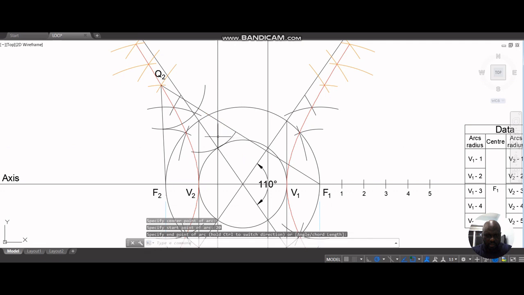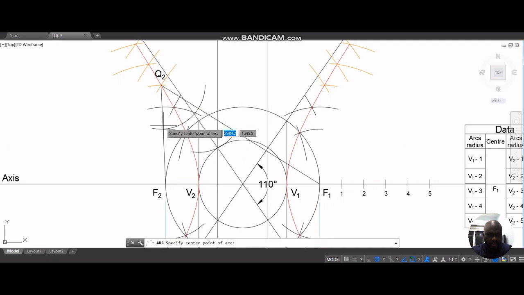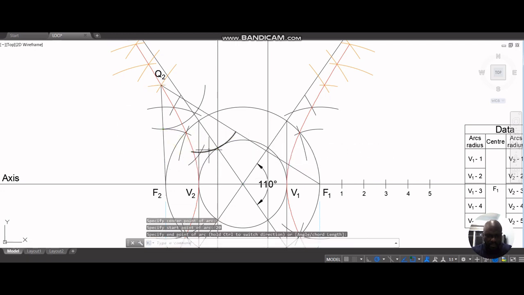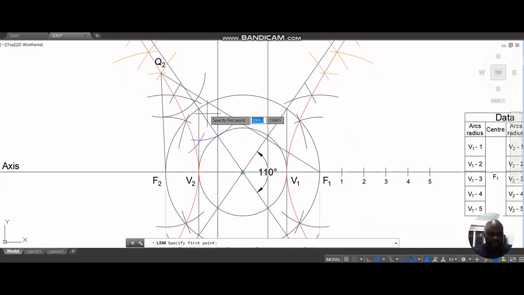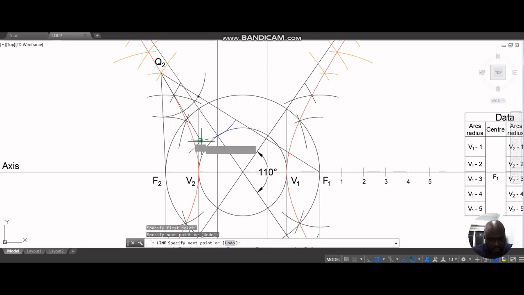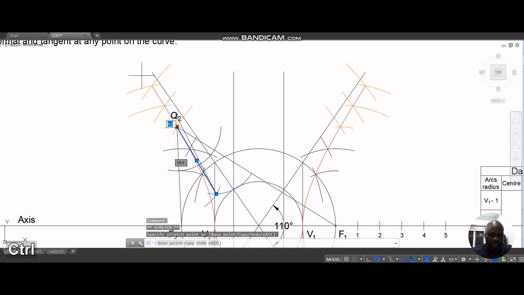Create an arc this way, with this side as center. I'll create an arc to cut the previous arc right here. So now a straight line drawn from point Q through this intersection would produce a tangent on the curve. Right here. So extend this. This is my tangent.